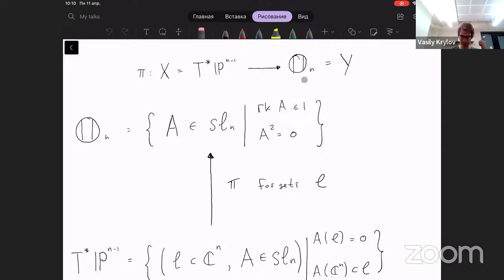And then Y, which I denote by O_n, will be the following space. This is the space of matrices inside SLN such that the rank of the matrix is less than or equal to 1, and the square is 0. So in particular, these matrices are still nilpotent.